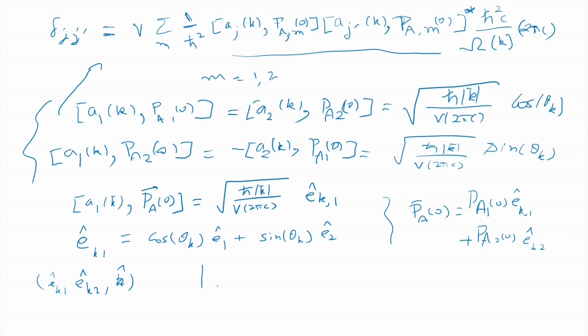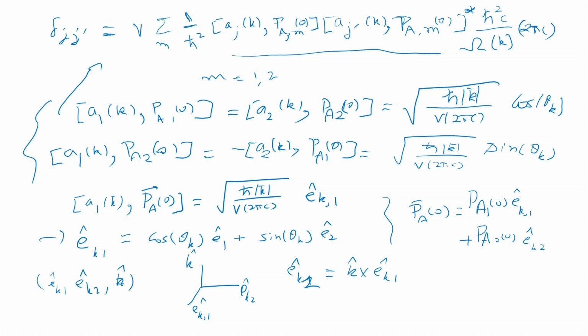So you can think of K vector like this, and your EK1 is here and EK2 is there. In other words, you can think of EK2 as basically K cross EK1. So that's what it is. Once we know EK1, you take the cross product of K and EK1, you get EK2.